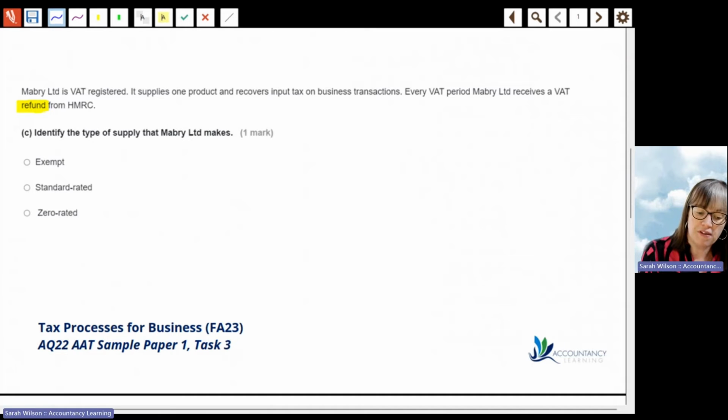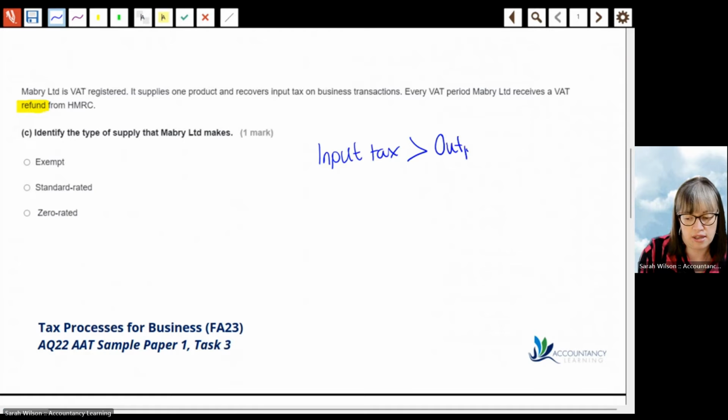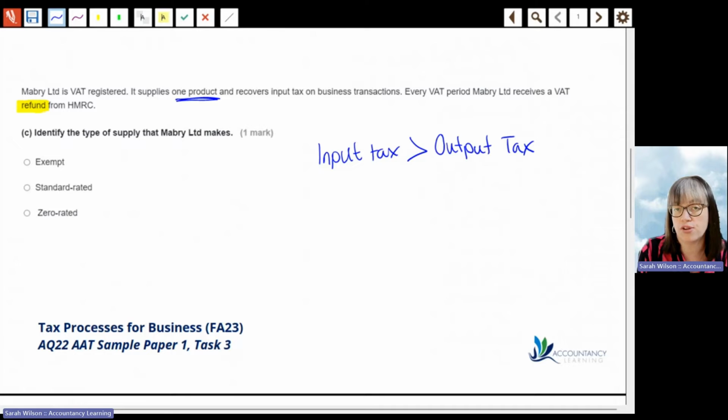So in order for a refund to be available, the input tax has to be greater than the output tax. Because the business supplies one product and recovers all input tax, it must mean that the product they supply is 0 rated.